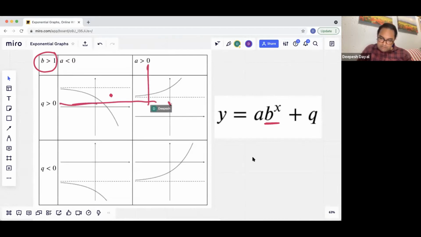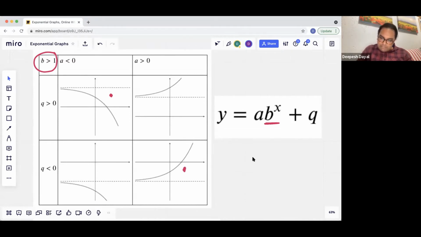And then when a is less than 0 and q is less than 0, we have this graph here. And then when a is greater than 0 and q is less than 0, we have this graph here.